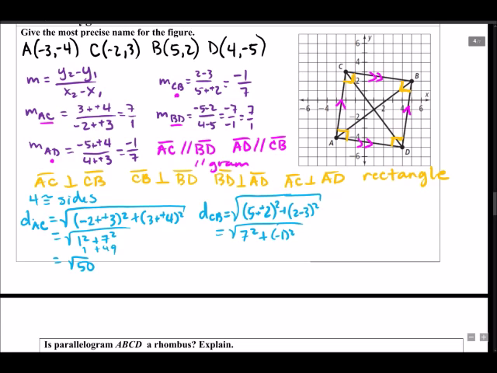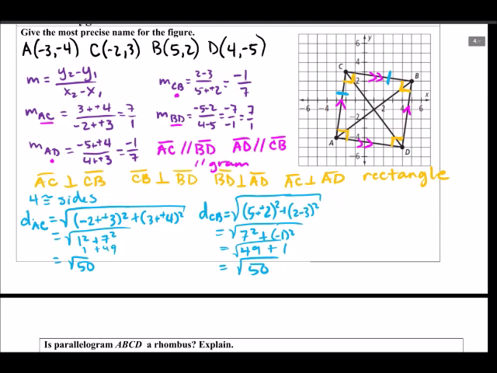Don't forget you're squaring a -1. So this is the square root of 49 plus 1 equals the square root of 50. So we could say that these two sides are congruent. What do you want to bet if we do the others? They're congruent as well.